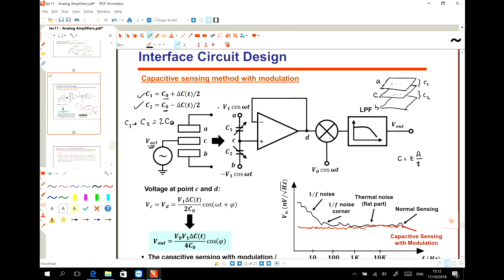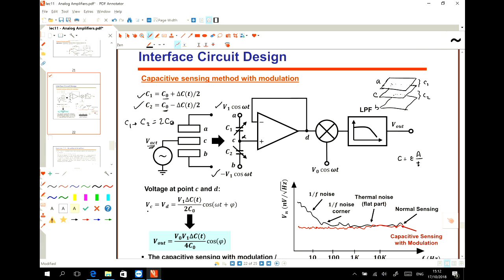I applied a voltage V1 cosine omega t to one of them, and exactly the same voltage but in opposite phase to the other one. So the voltage at this point, VC, equals this value.